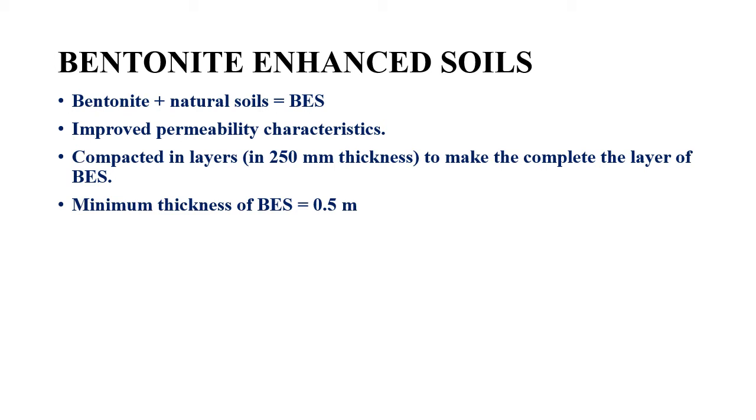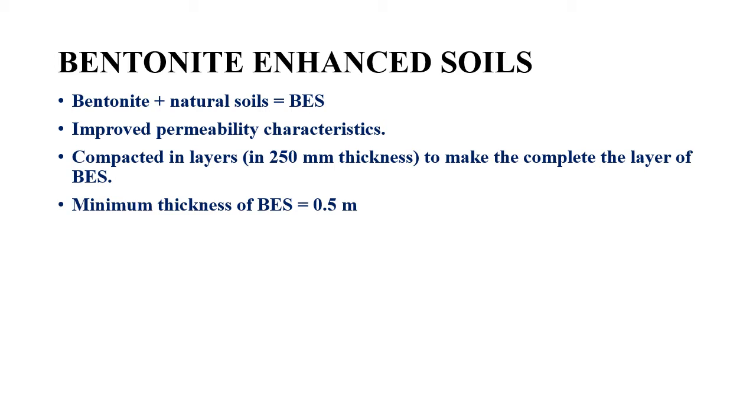Now, sodium bentonite has greater swelling and absorbency, but calcium bentonite is comparatively more stable when it is exposed to chemicals. Okay, so based on our requirement and the site specific leachates, we can select a suitable type of bentonite, either sodium bentonite or calcium bentonite.